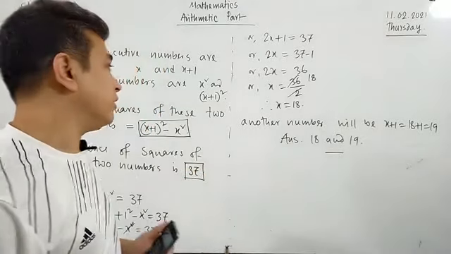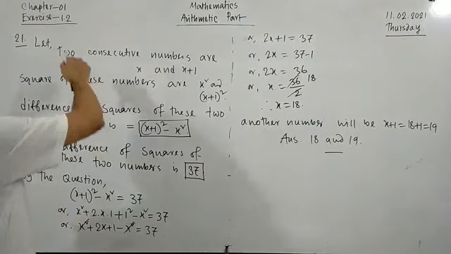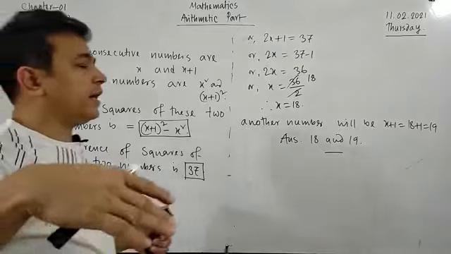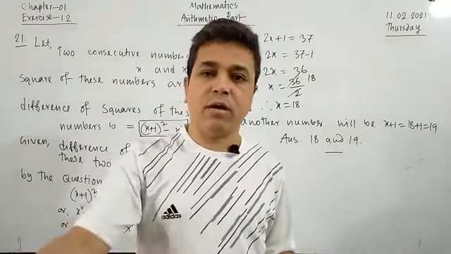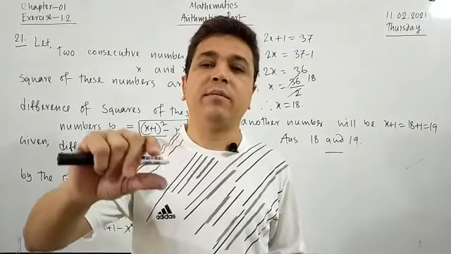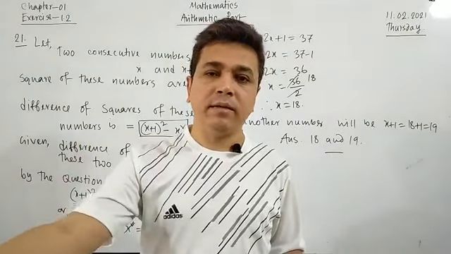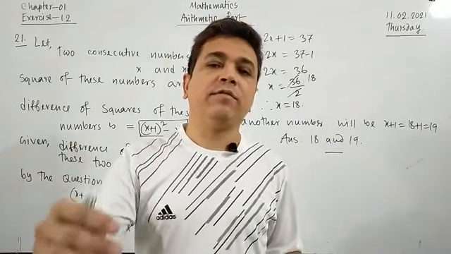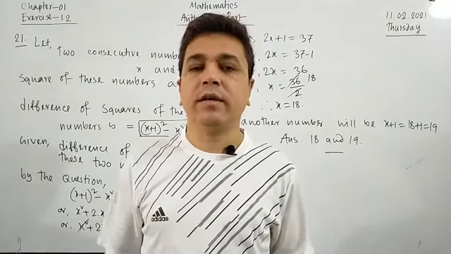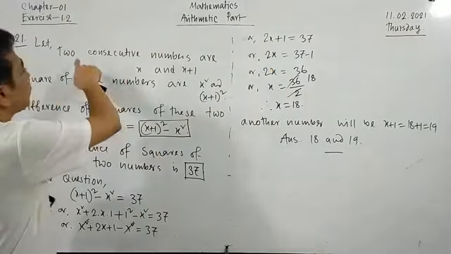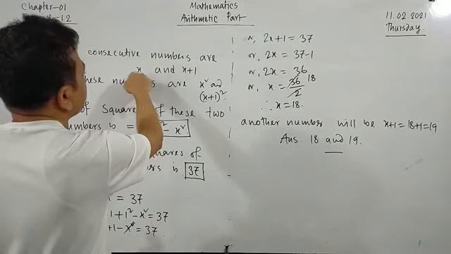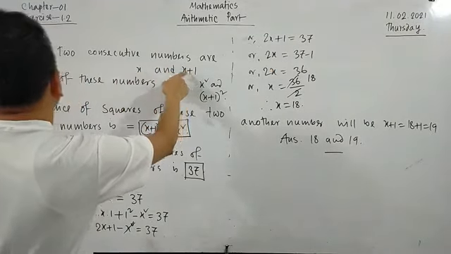Okay, what you don't understand, Baba? These two consecutive numbers, I already explained what consecutive numbers are. Consecutive numbers are one after one. If we consider the first number is x, the second number will be x plus 1. For example, if the first number is 50, the second number will be 51, that is 50 plus 1.